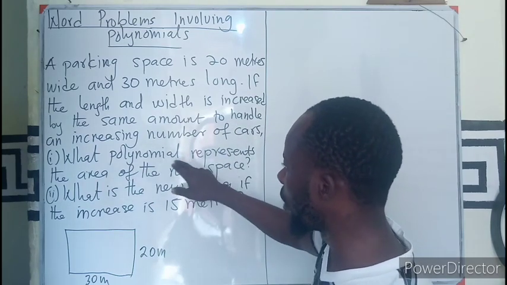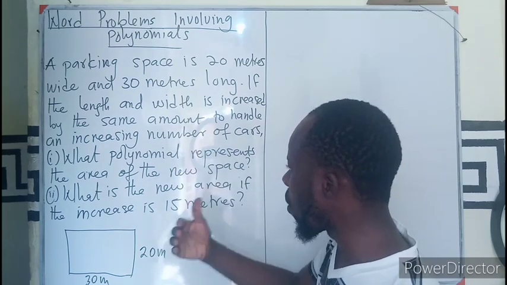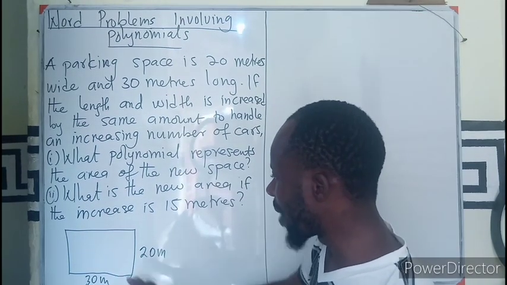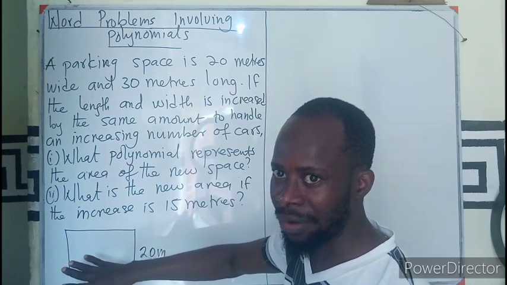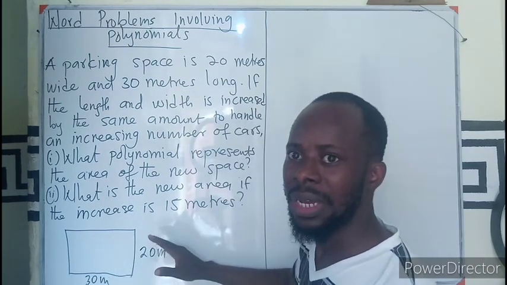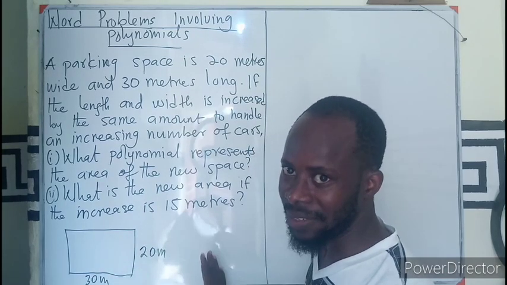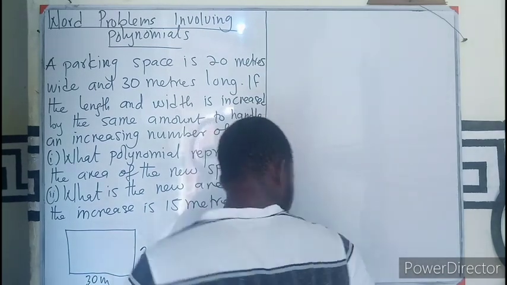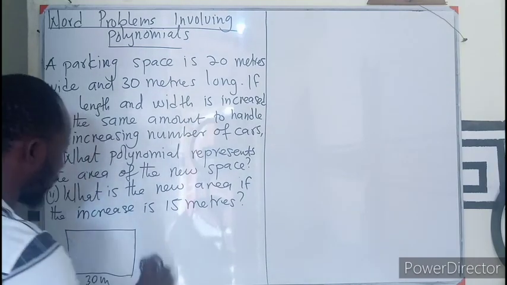So you're looking for what polynomial represents the area of the space. If I'm asked to find the area of the original parking space, we know it's going to be the length times what? The breadth. 20 times 30. But with this, we have also increased.